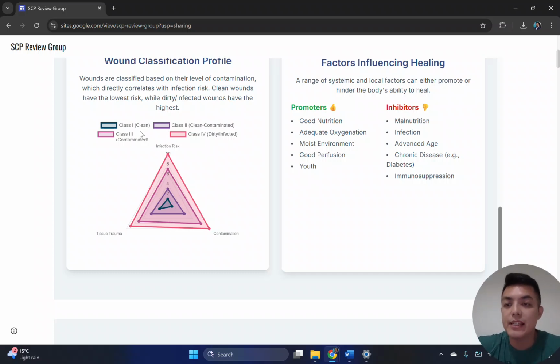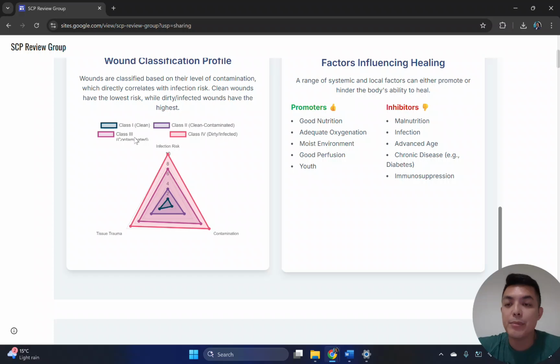Class 1 is clean, class 2 is clean-contaminated, class 3 is contaminated, class 4 is dirty or infected. Class 1 are your planned incised wounds. Class 2, clean-contaminated, are wounds where you will access, for example, the intestines or the vaginal canal.